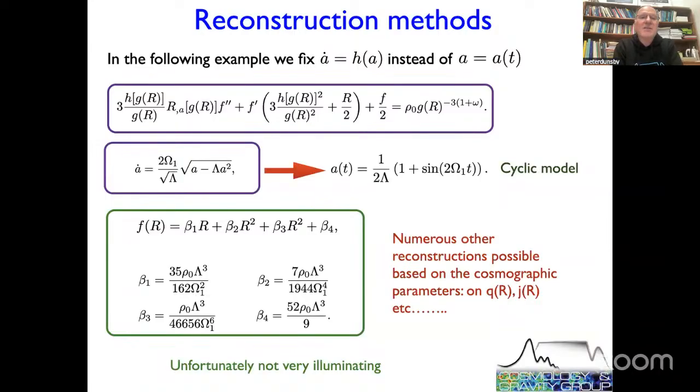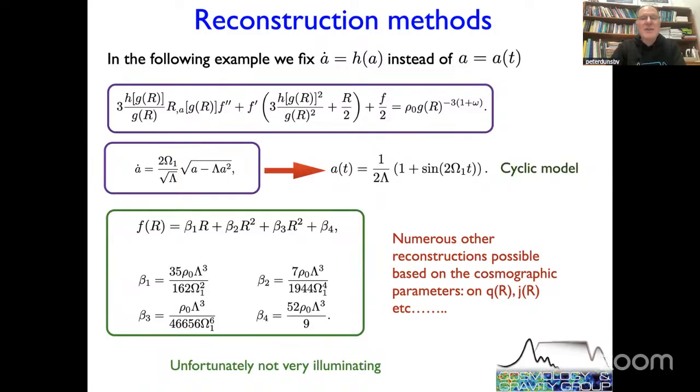And in that case, you can also invert to write down a differential equation for f of R. So here we have a model which exhibits cyclic behavior, and you can go ahead and reconstruct the f of R that gives rise to that cyclic evolution in the scale factor. And it turns out to be a second order polynomial in R.